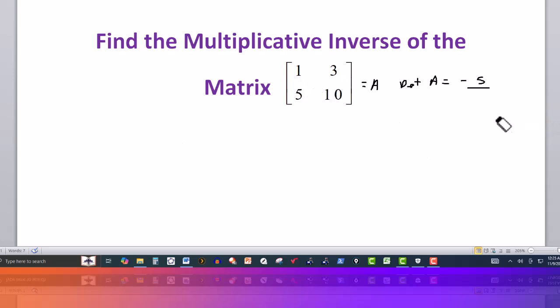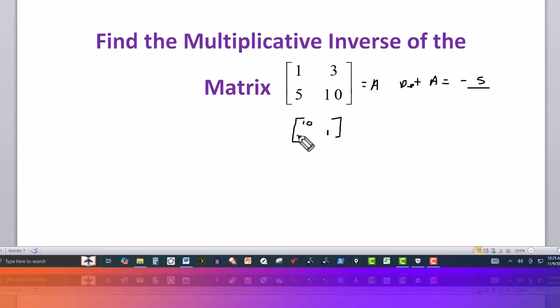That's the first part of this procedure. And then the next thing we do is find the cofactor matrix. With a 3 by 3 it's a little bit more involved, but with the 2 by 2, all it is is this. Just interchange these two values. So the 10 comes over here, the 1 goes over here. And then interchange these two values, except change the sign.